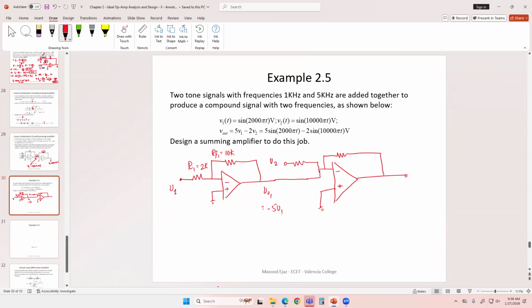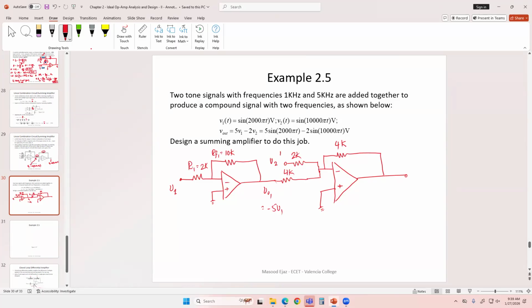I can put a resistor here as well instead of shorting it out. Whatever this resistance is, the same resistance is going to be this value, but I need a gain of 2 with V2. So let's say if I choose this to be 4K and this to be 2K, I will just choose this to be 4K as well, right?